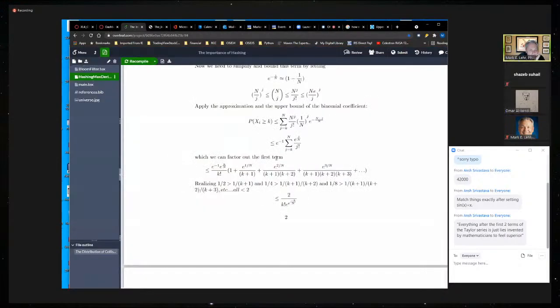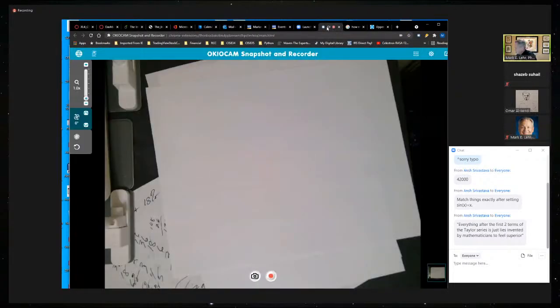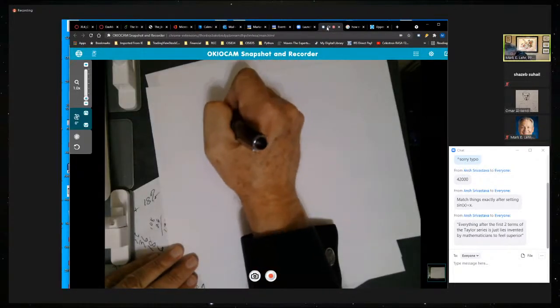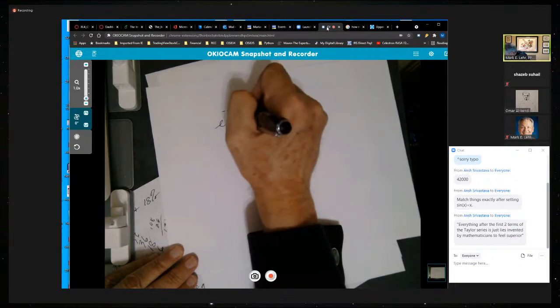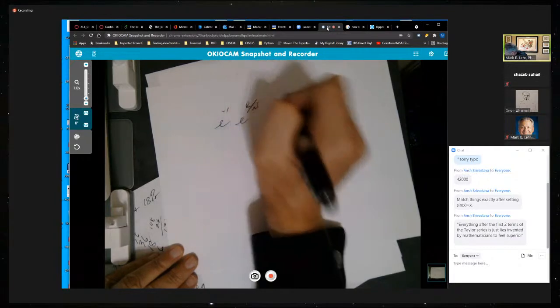So since that sum is simply equal to 2, and then I have k factorial, if you look at this one, e to the minus 1 over e to the k over n.